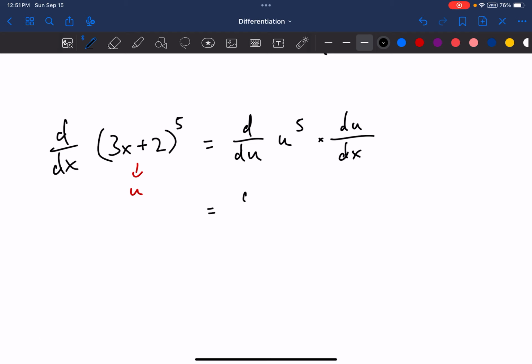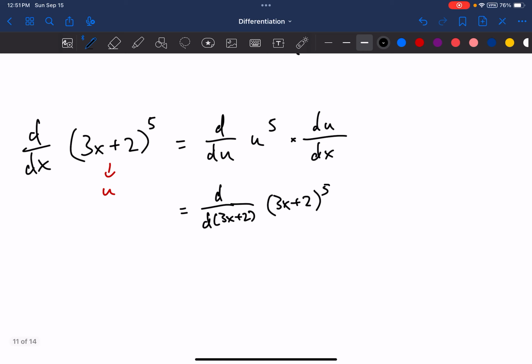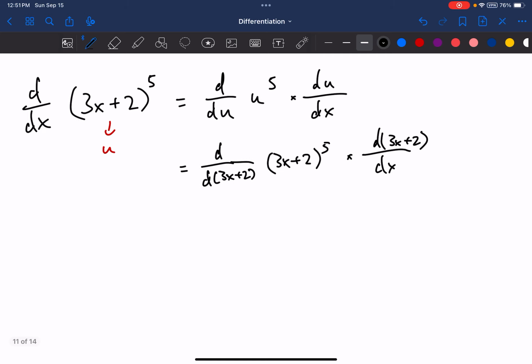If I put u back here, it would be 3x plus 2. And this will be 3x plus 2 to the 5th power times d 3x plus 2 dx. Okay, so since the variable here and the variable here are the same, I can just do it like normal differentiation.